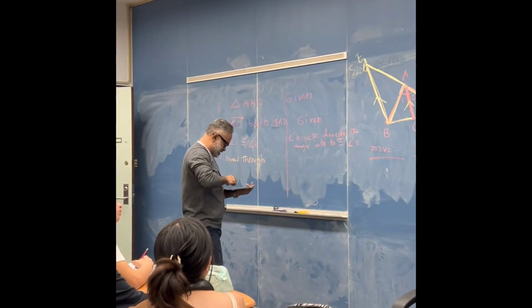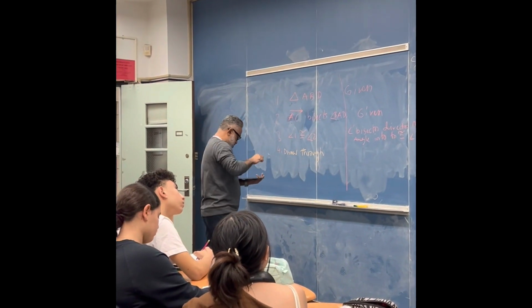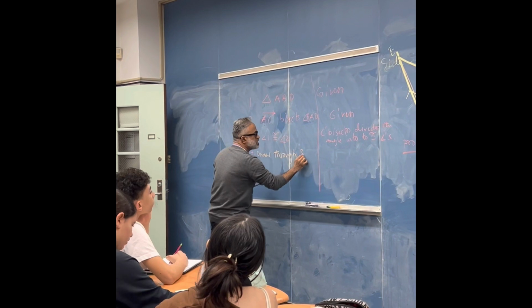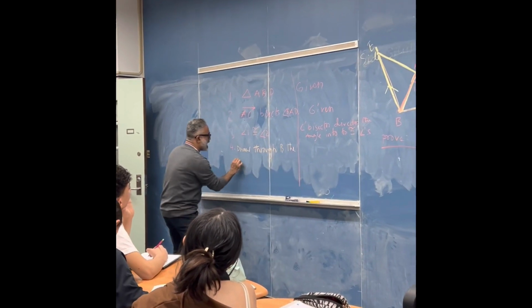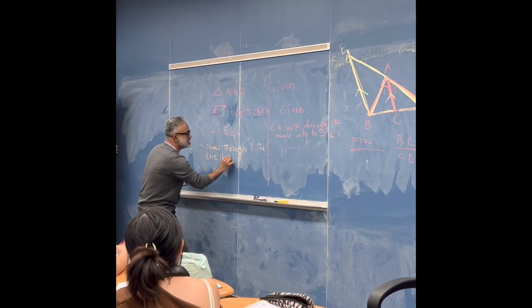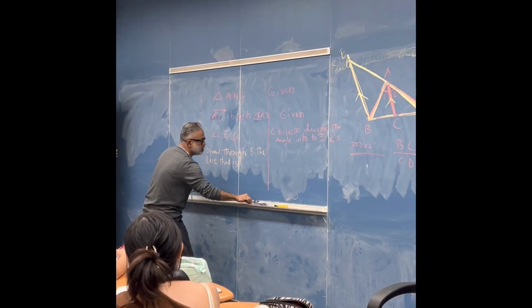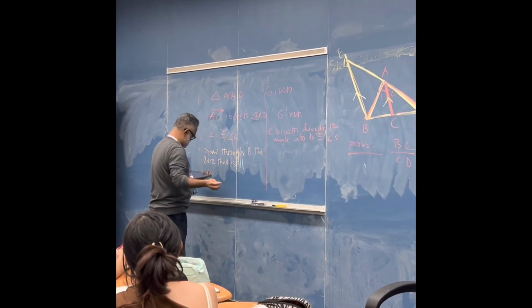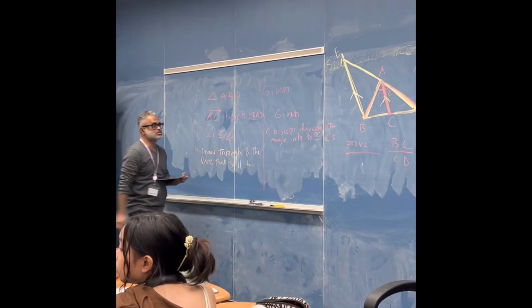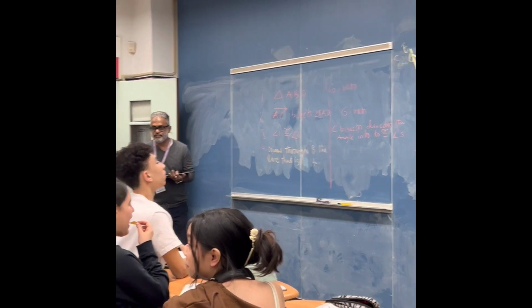So we are writing that draw through B the line that is parallel to which one? Parallel to AC.